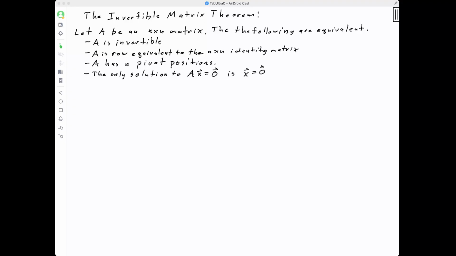So the only solution is the trivial one, the all zeros solution. This happens when the columns of A form an independent set.